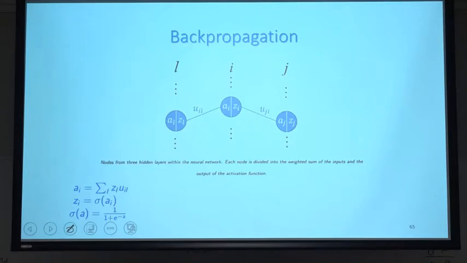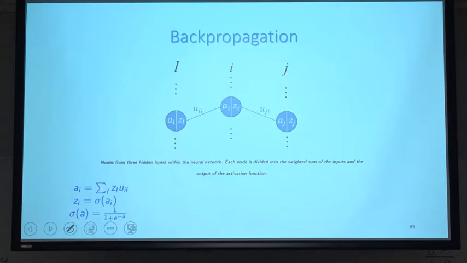I told you that each perceptron has 2 parts. The first part is just a linear sum of the input, and the second part is a nonlinear function applied to this weighted sum. So this part, A, is just a linear sum of the input.